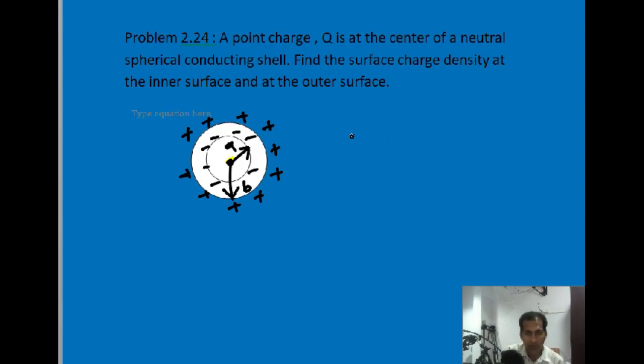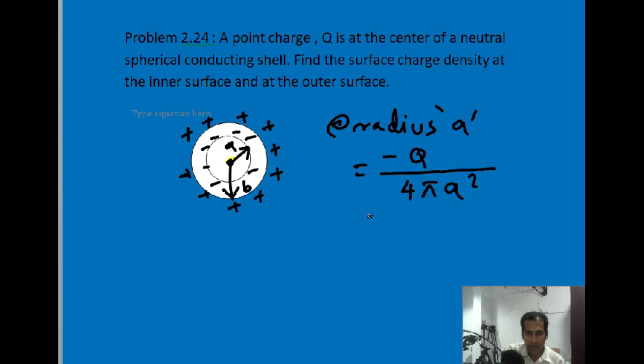So we already have the formula. How do we calculate the surface charge density at radius A? At A we have minus charge, minus Q per the area of this sphere, say, 4 pi A square. So what is this? Charge per area.